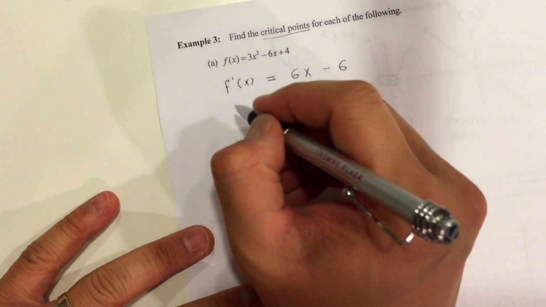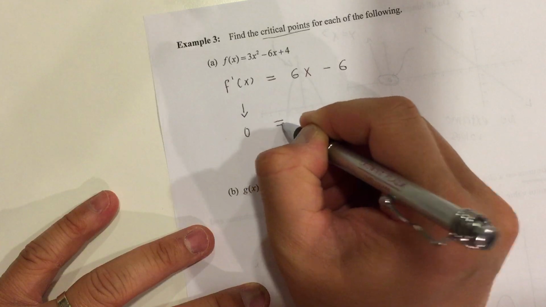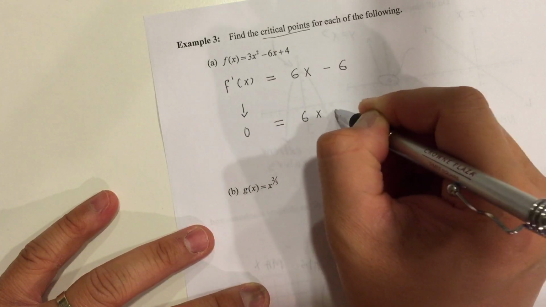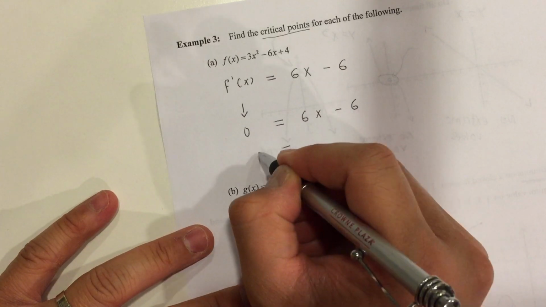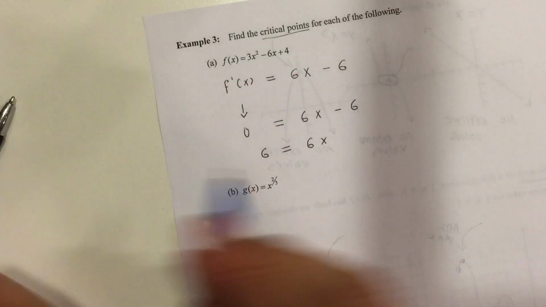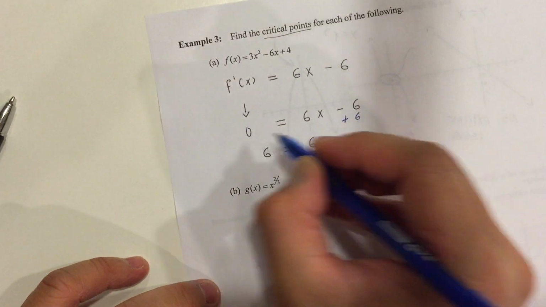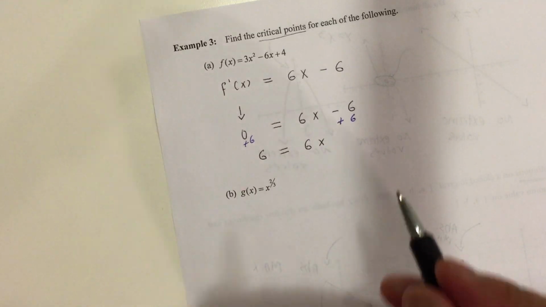So I want to know at what x value does the derivative equal to 0? And remember that derivative relates to slope, right? So I'm just looking to see where the slope equals to 0.